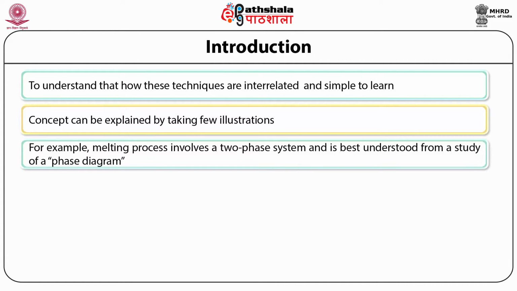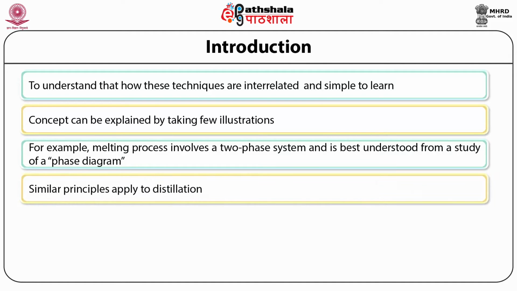For example, the melting process involves a two-phase system and is best understood from a study of the phase diagram. Similar principles apply to distillation, a somewhat more sophisticated separation technique where the concept of the column process is introduced.